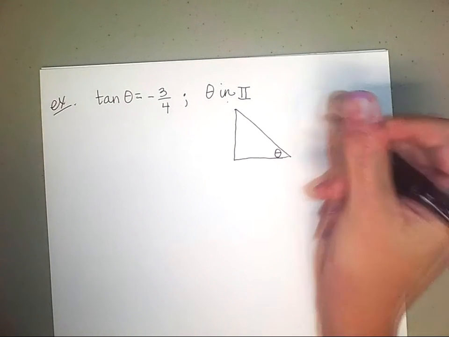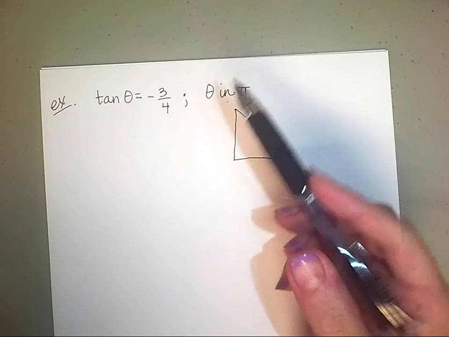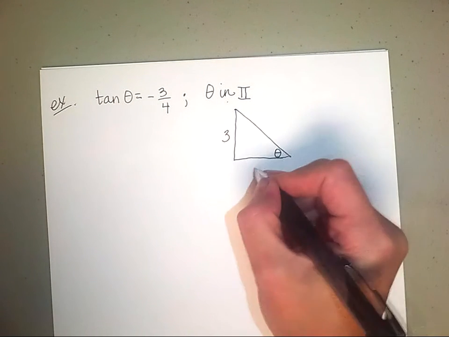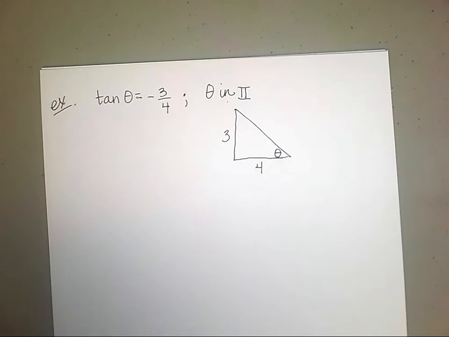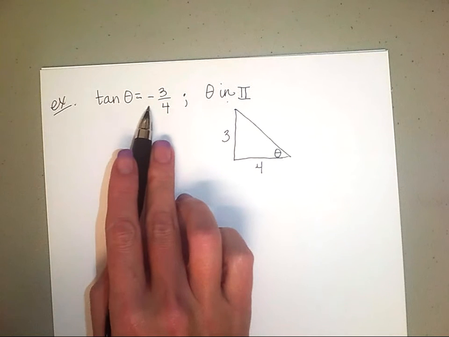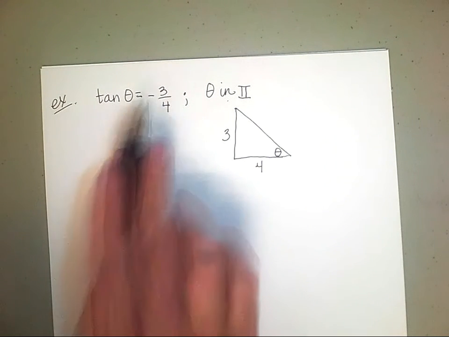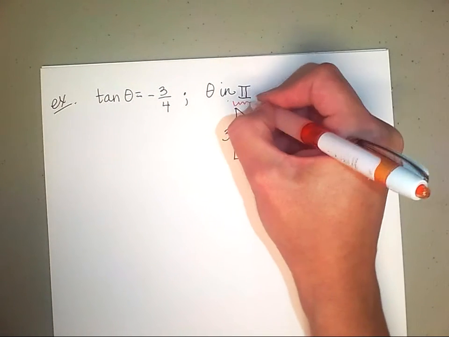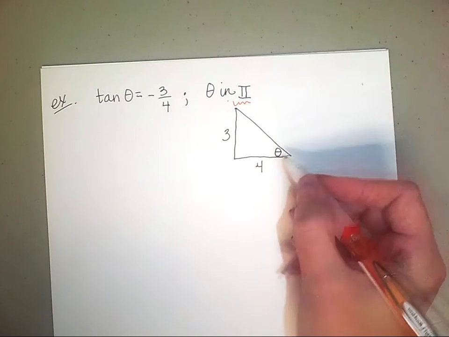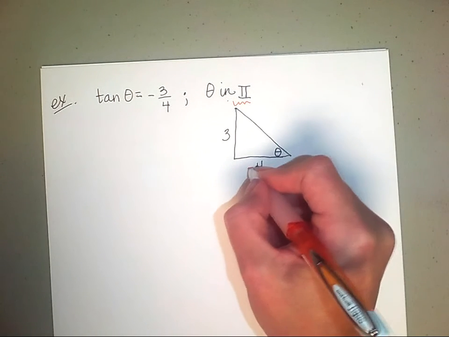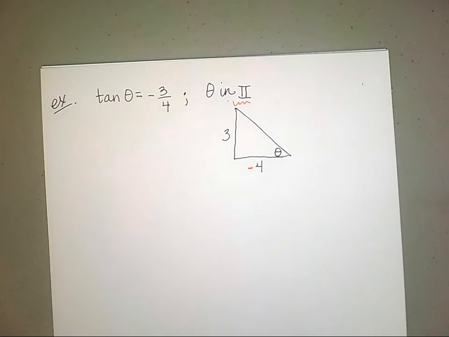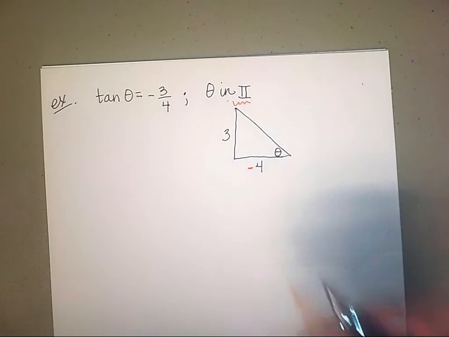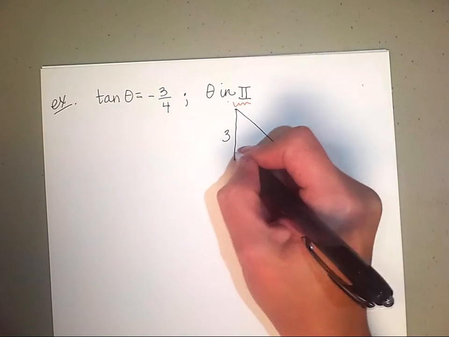This is theta. The tangent is the opposite over the adjacent. Okay. Now the question becomes, what do we do with this negative? And to answer that, we have to look and see what quadrant we're in. And since we're in 2, the x's are negative. Okay. Alright, now this is known as a 3, 4, 5 triangle.